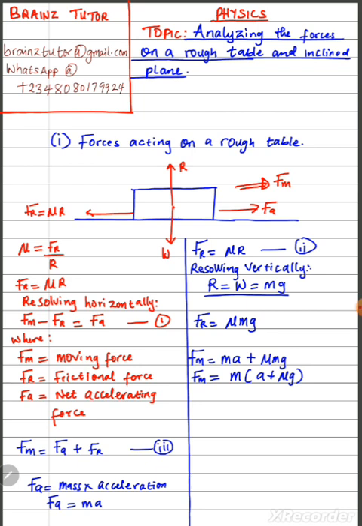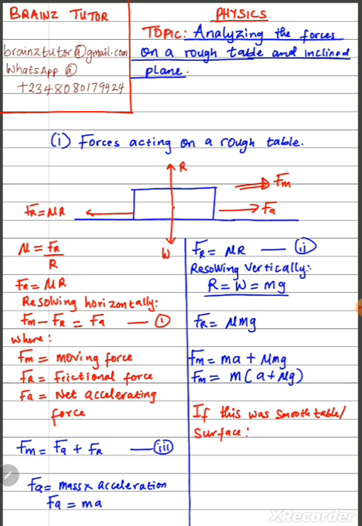What if this was a smooth table or smooth surface? What will happen?